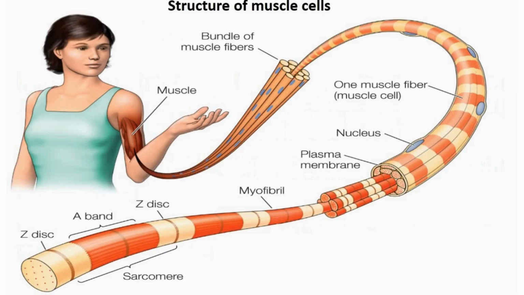First, we will look at the structure of a muscle cell. If you take a cross section of a muscle, you have bundles of muscle fibers.